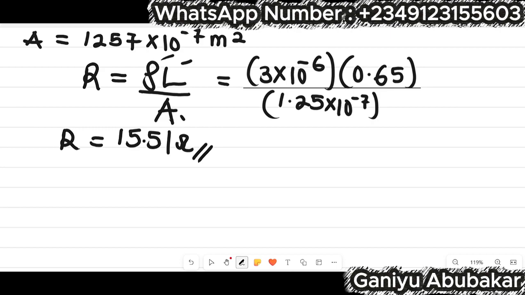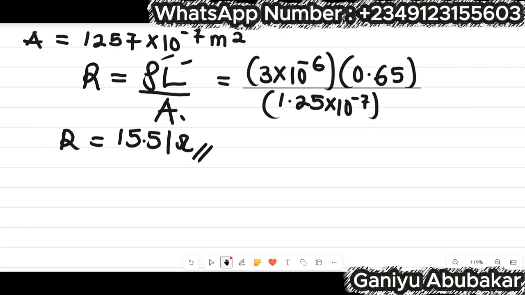Moving on, I want you to note that in this question we're only asked to find resistance, R, because the question says find the resistance of the wire of length 0.65 meter, radius 0.2 millimeter, and resistivity 3 micro ohm meter.